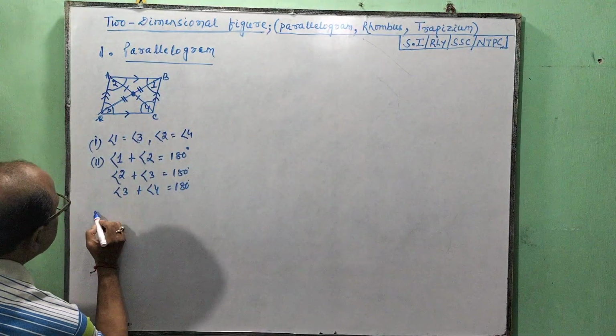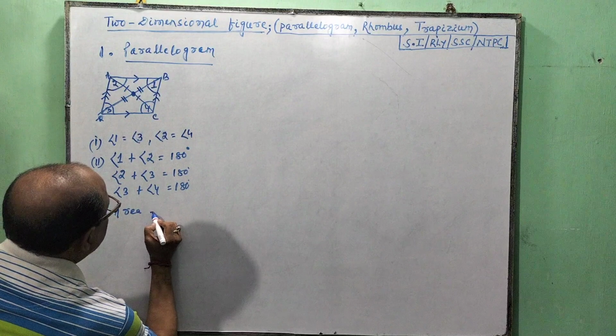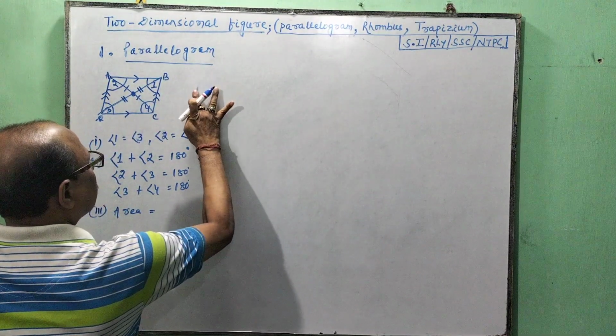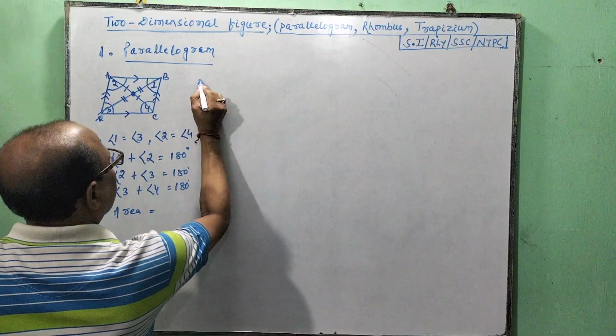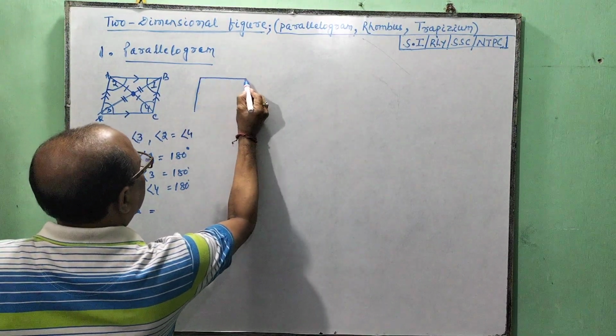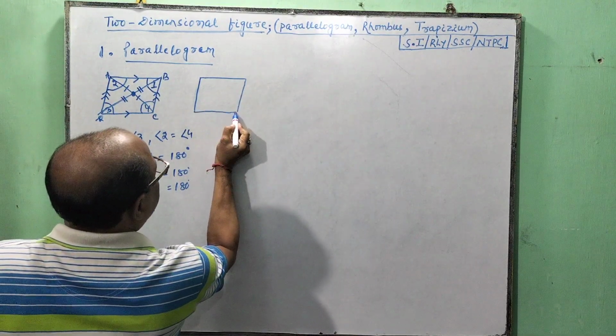Number 3, area of the parallelogram. How to find the area? Suppose it is a parallelogram.